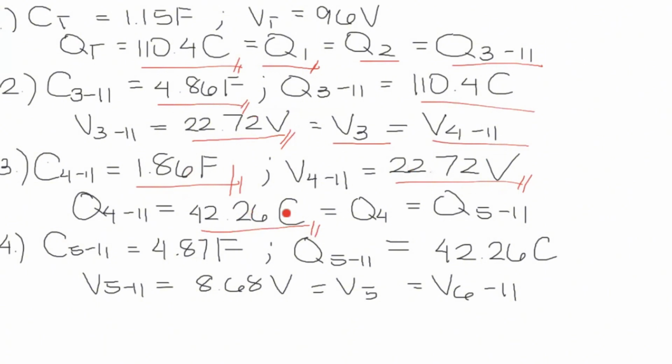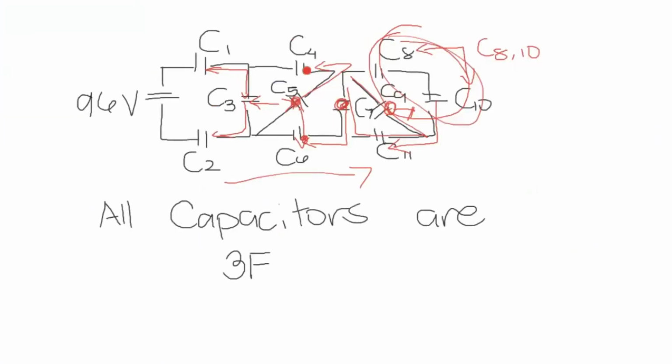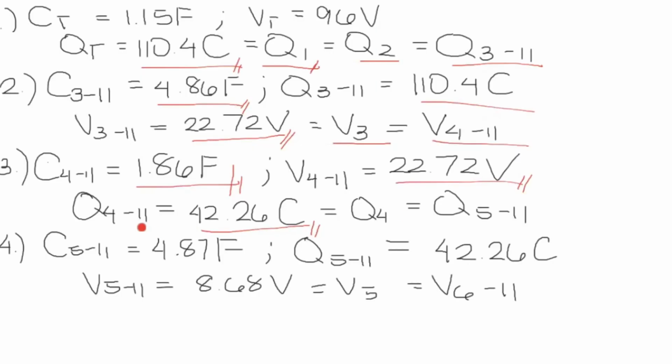And since this is in a series, all of the charges are equal in this diagram. So 42.26 coulombs is equal to Q4 and is also equal to Q5 to 11.